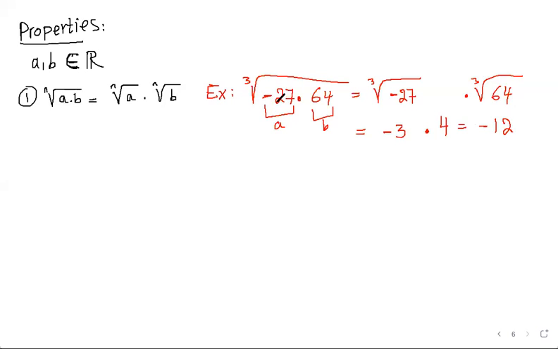For the example, the first number is -27, the second number is 64, so it equals the third root of -27 times the third root of 64. Here again, 3 is odd, so it doesn't matter if the inside is positive or negative.